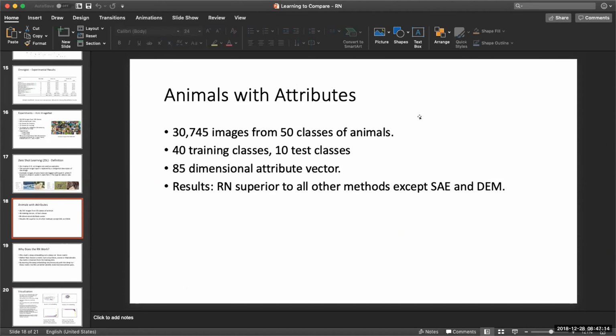And this attribute vector that I just described, rather than 5, they have 85 attributes that they've assigned to each of these 30,000-plus images. So the results that I'll just briefly summarize are that it is superior to all other methods except for this SAE and DEM.